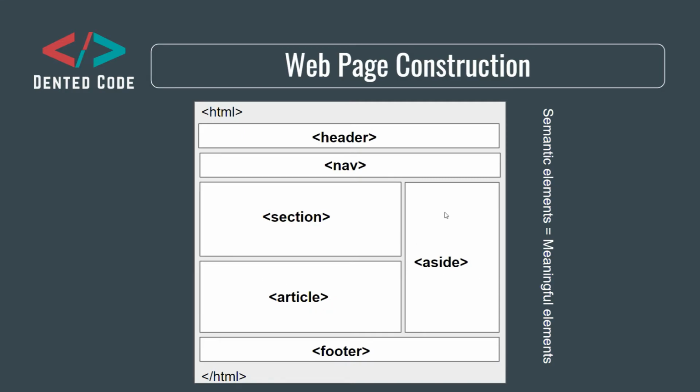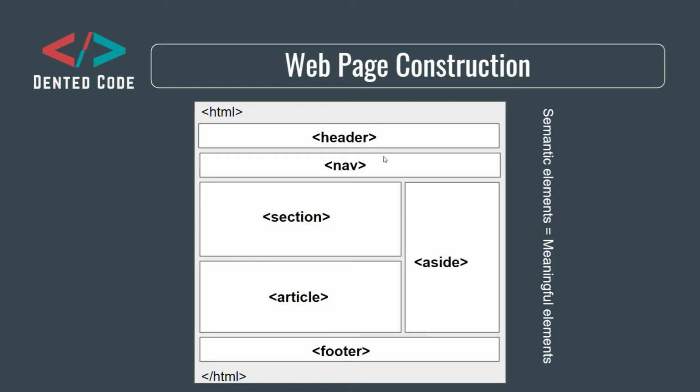The aside is used for sidebars. And the footer definitely goes at the bottom, where people normally put company information, privacy policy, or copyright information.